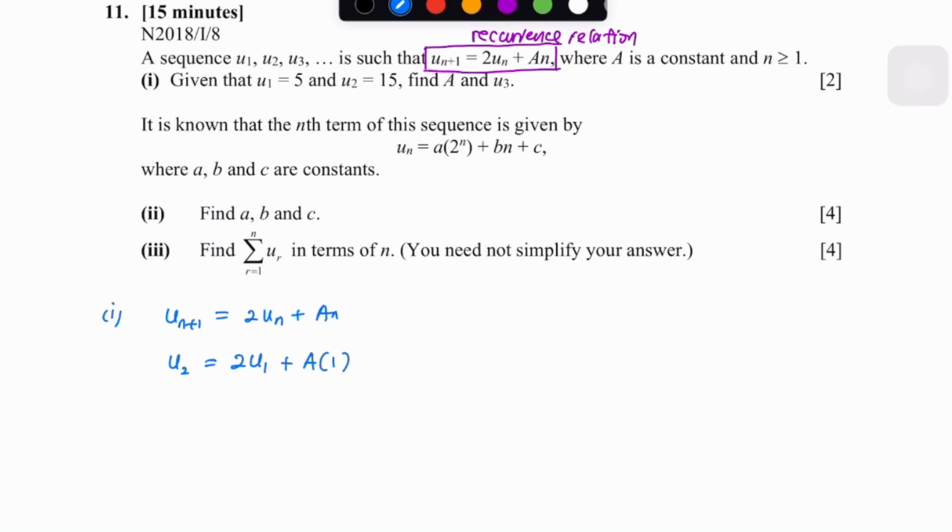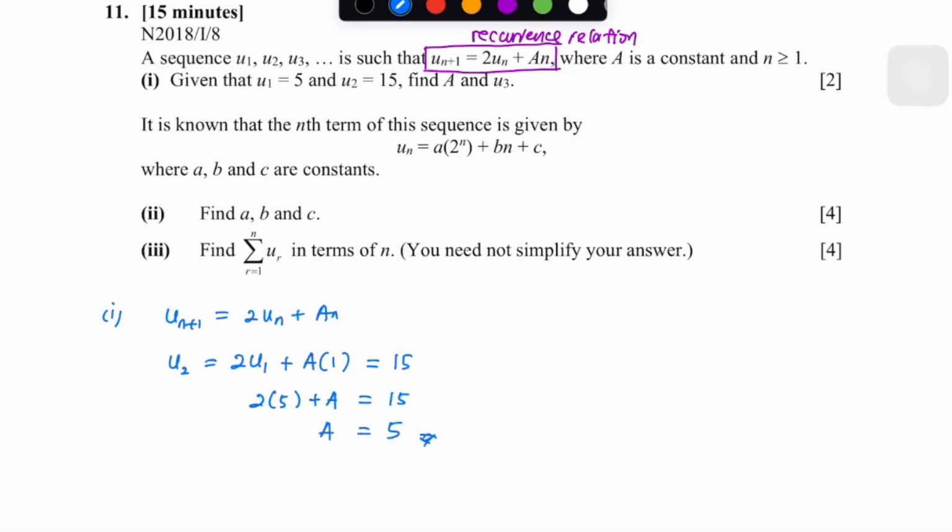This will be equal to 15. So 2 times 5 plus A is equal to 15, so A will be equal to 5. This is how we find A.